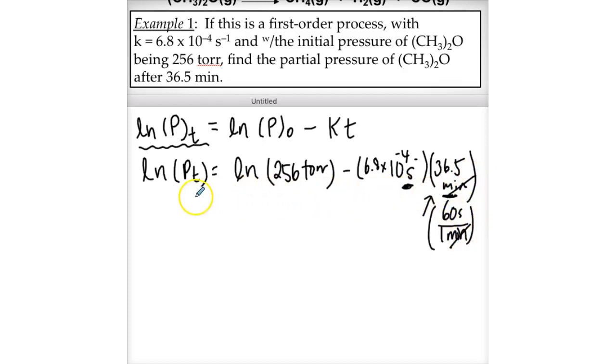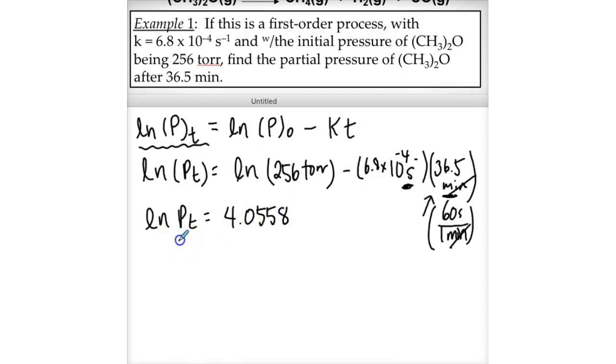So what you're going to do is put natural log of 256 on the calculator, subtract the product of this times that. And when you do this, I get 4.0558.